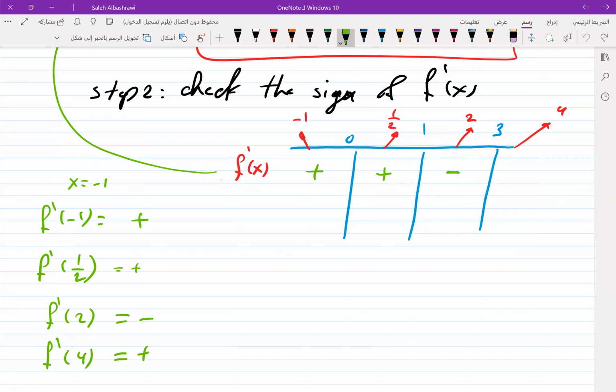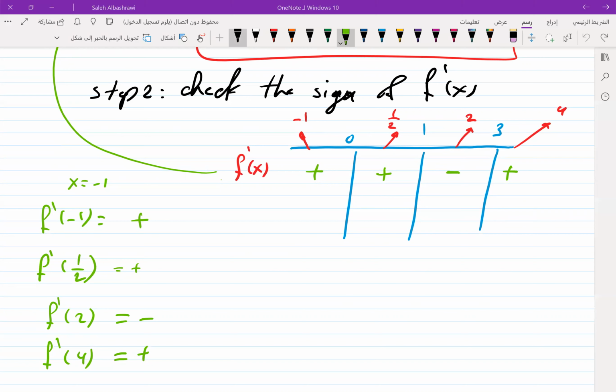So the sign of the derivative after 3 is positive. Again, we just substituted x by the testing points in the derivative: -1 in the first case, then 1/2, then 2, then 4, just to check the sign of the derivative.